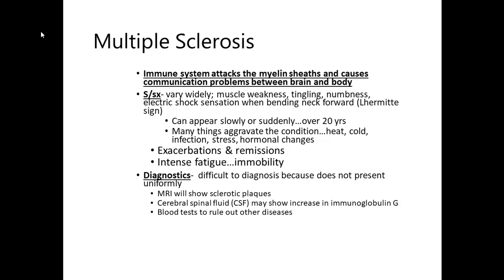There are different things that aggravate it and cause the exacerbations or the attacks. Obviously, heat, cold, infection, stress, hormone changes. It's really kind of a very difficult illness. These people are going to be extremely fatigued, and eventually they'll become immobile.